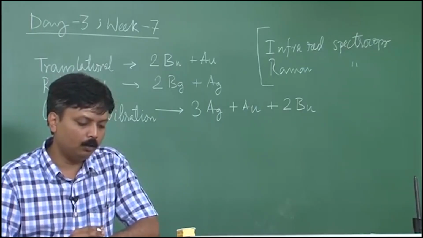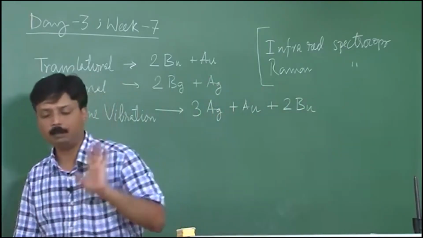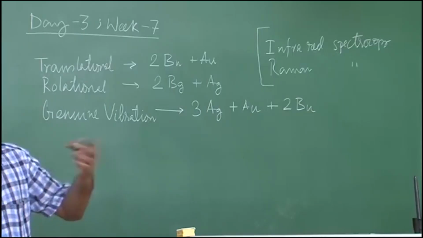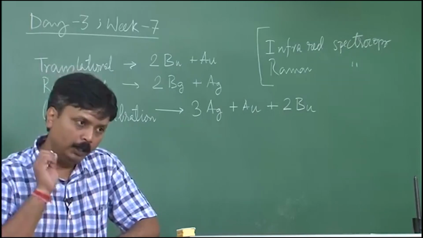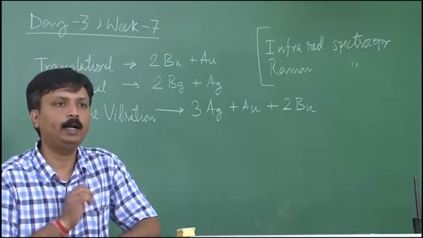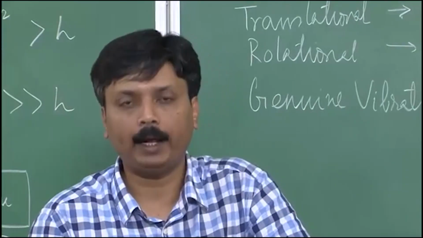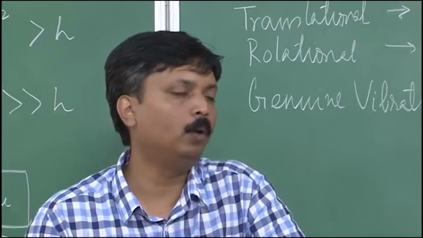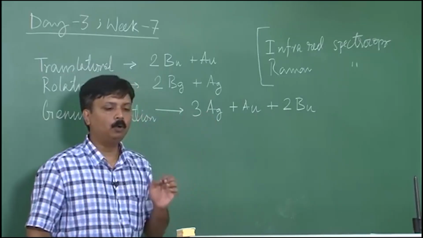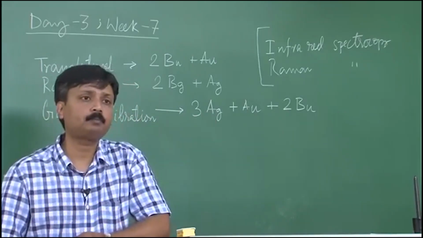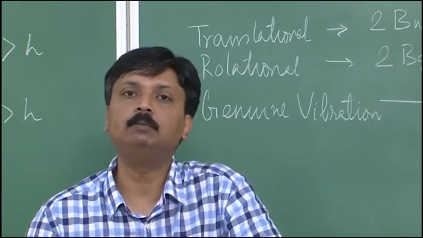Now I have got a number of vibrational modes, total 6 vibrational modes. So each one of them will make some kind of transitions. Now how will I know which particular mode will be infrared spectroscopy active, and which one will be Raman active? Or in other words, particular vibrational modes can be seen using infrared spectroscopy, and some particular vibrational modes can be seen by Raman spectroscopy.